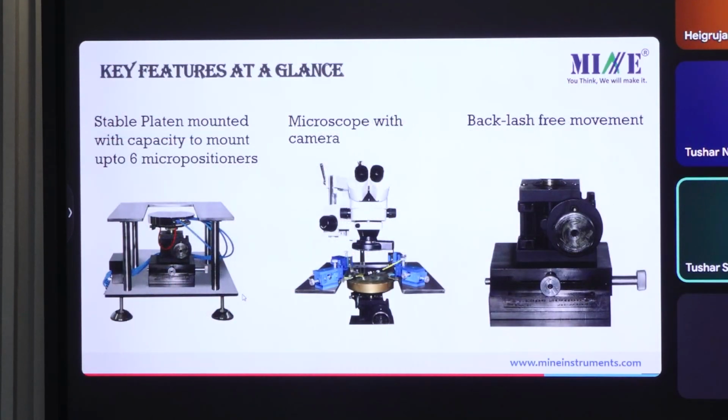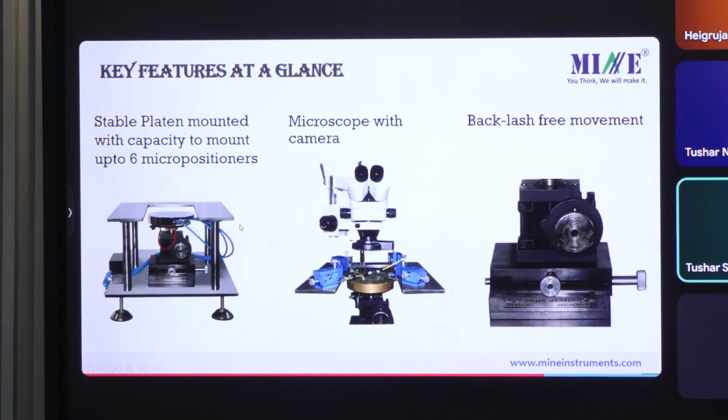Apart from this, if we go specifically to the probe station, we can modify it in different domains. Here you can see the stable platen mount. The platen is a very important part of the probe station. We can provide up to 10 micrometers of planarity in the surface area of the platens.